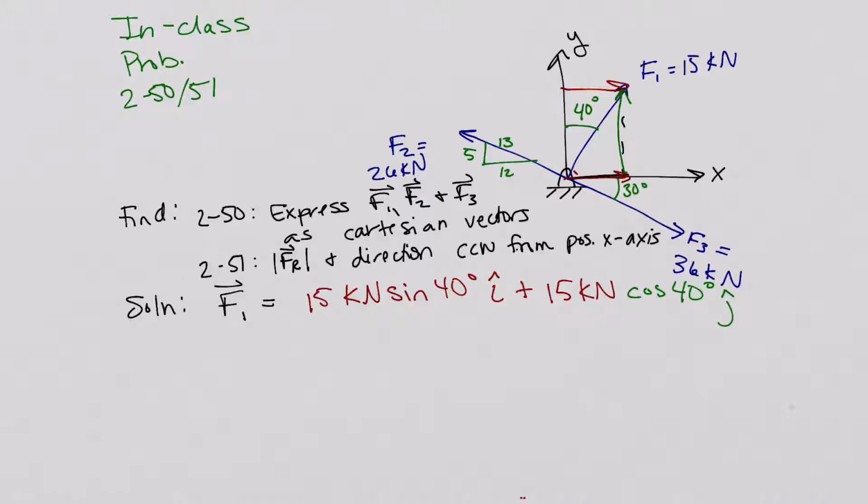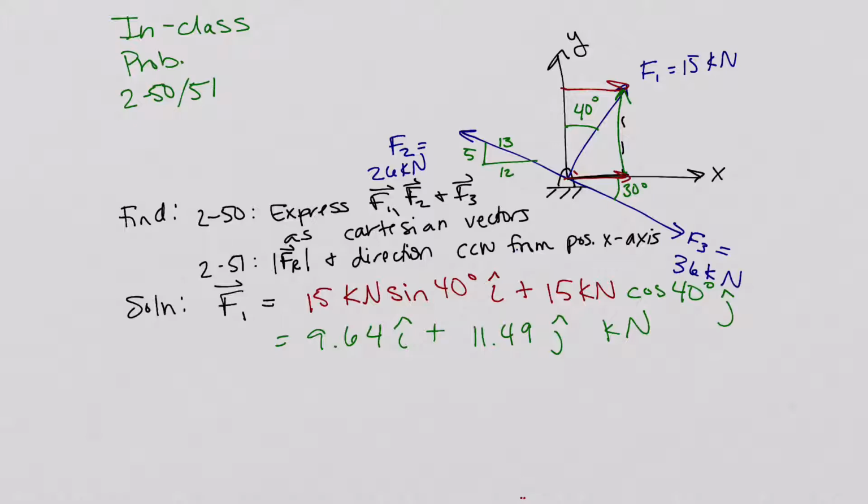So I'm going to grab my calculator and calculate that out. That gives us 9.64 i plus 11.49 j, and that's in kilonewtons.